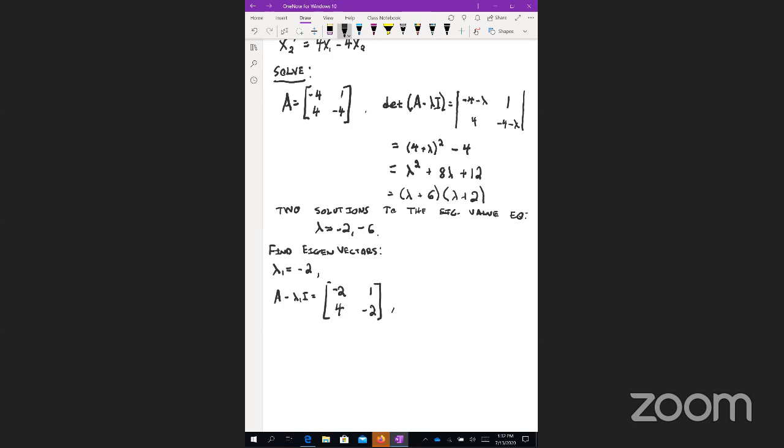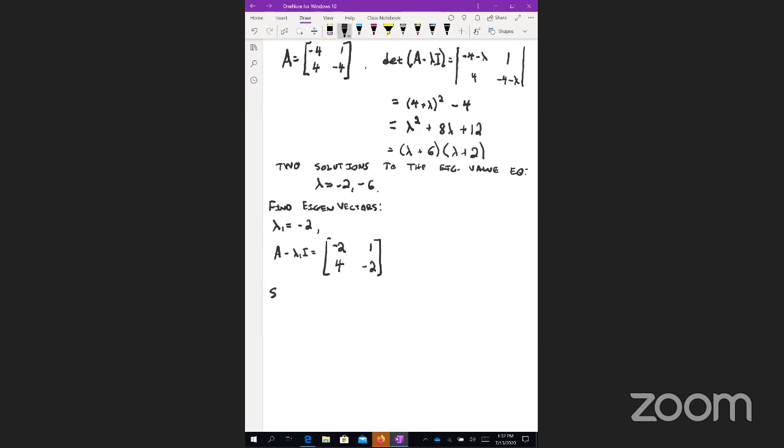And then to do this the slow way, we can solve the augmented system.